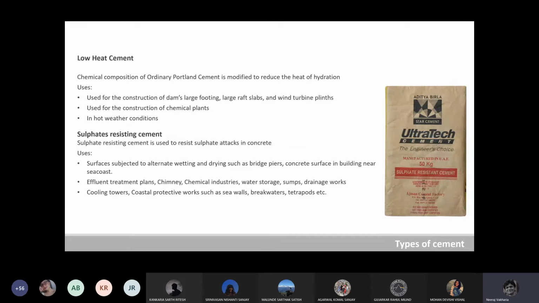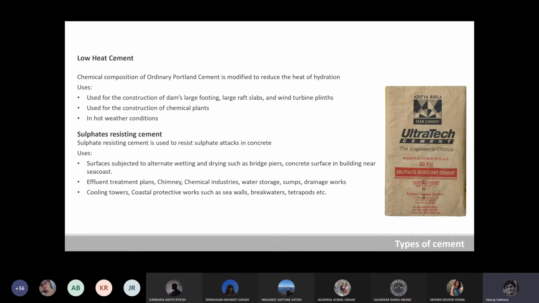Whenever we are creating a foundation, we do soil testing. We test its strength, soil bearing capacity, components present in the soil, and so on. We analyze all that, see what kind of minerals are present in that soil or strata, and accordingly we protect the foundation, may it be from groundwater or from the soil itself.